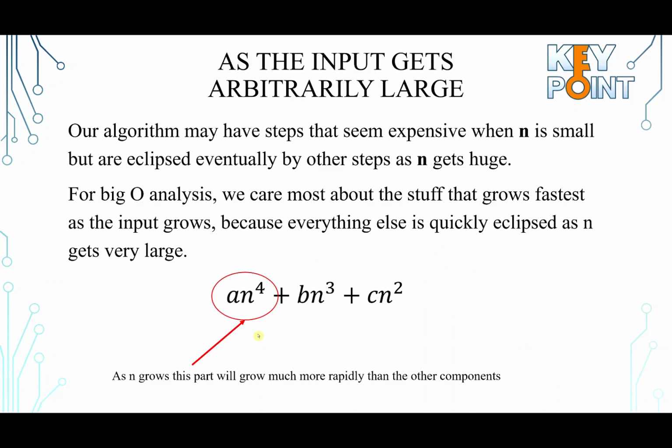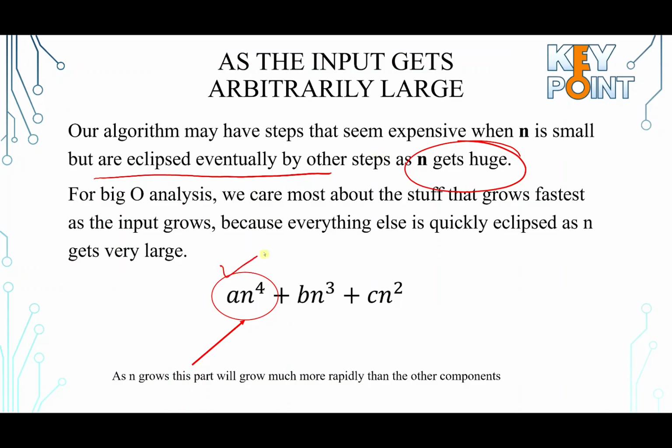So as the input gets arbitrarily large, our algorithm may have steps that seem expensive when n is small, but are eclipsed eventually when n gets huge. So for a Big O analysis, we care most about the stuff that grows fast as the input grows, because everything else is eventually eclipsed as n gets very huge.